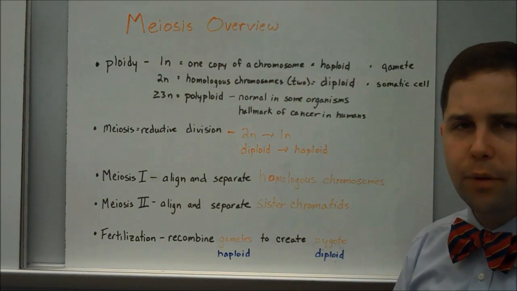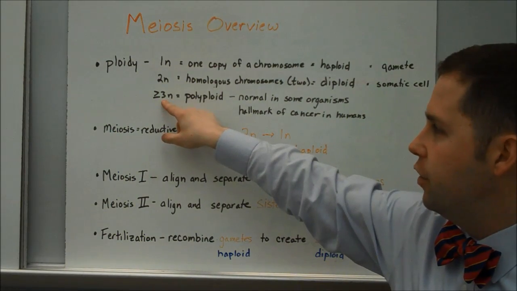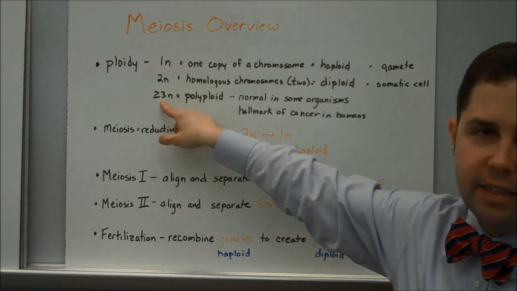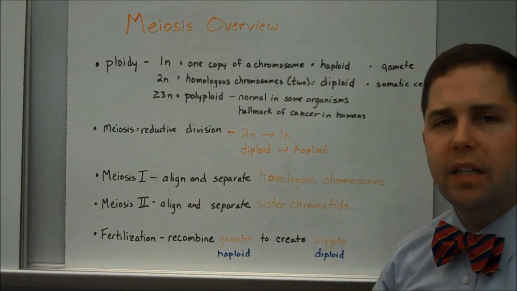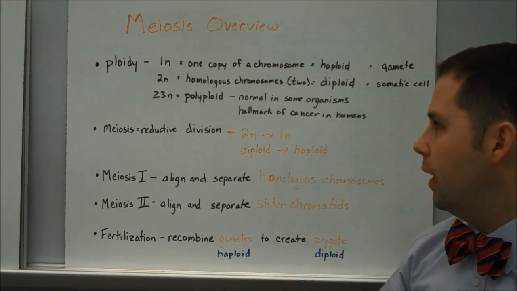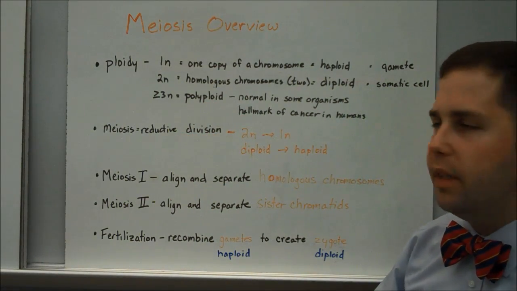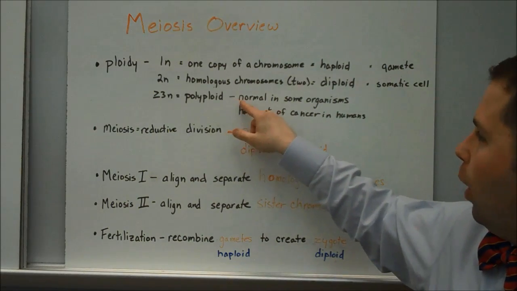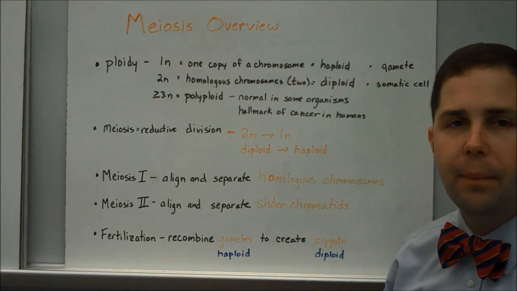The last thing about ploidy that I alluded to is that if you have 3 or more sets of chromosomes, it's referred to as polyploidy. You can use terminology such as tetraploid or triploid to describe that, but polyploid is a generic term meaning more than 2 sets. It's quite normal in some organisms. In fact, many plants are polyploid by their nature.